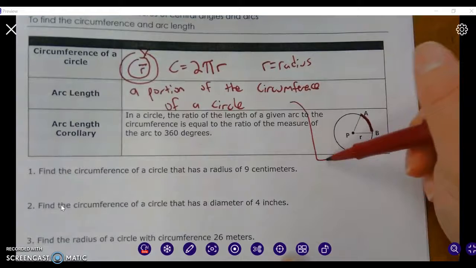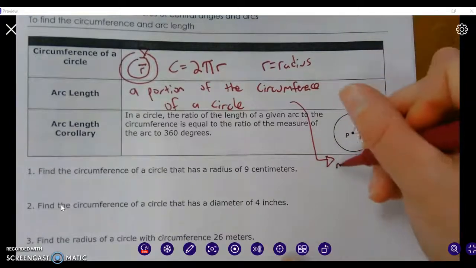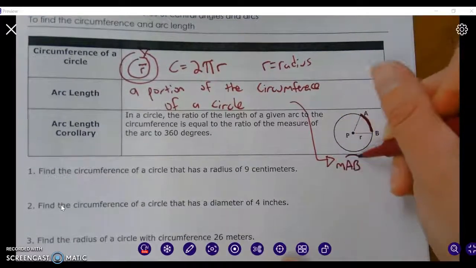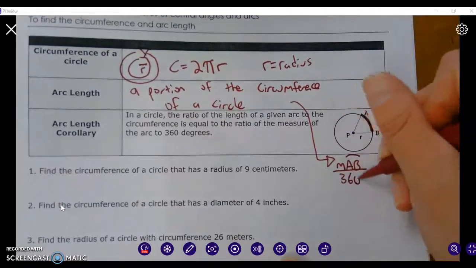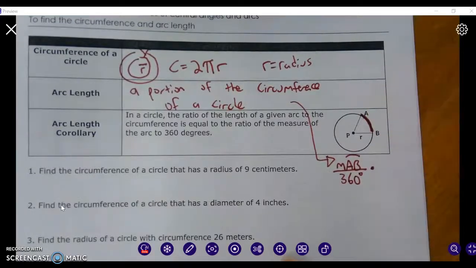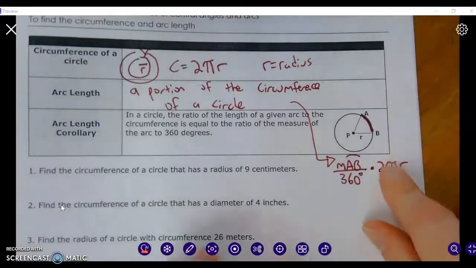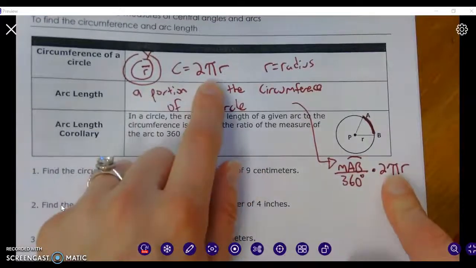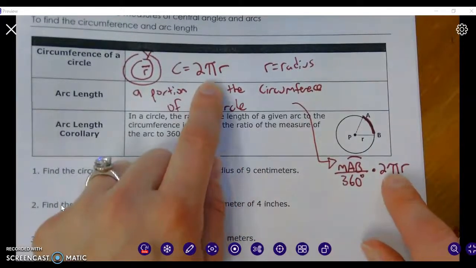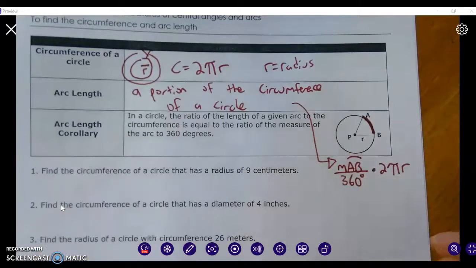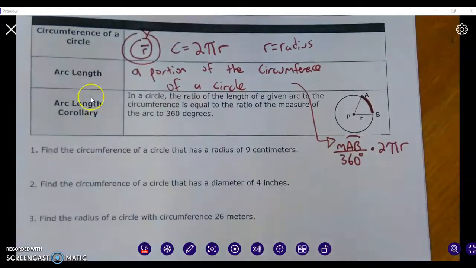So the equation to do that is the measure of arc AB divided by 360 degrees times 2 pi r. You'll see that 2 pi r is the same as the circumference, so we're still using that. We're just adding an additional fraction to the equation.